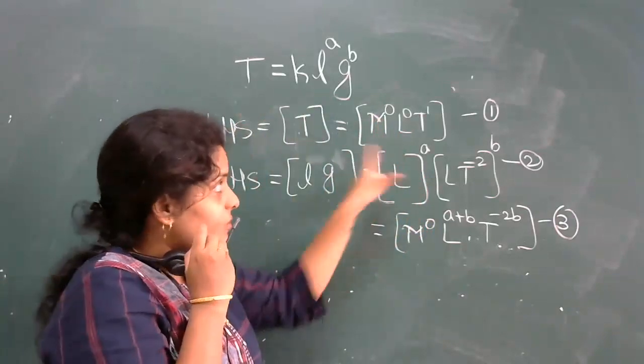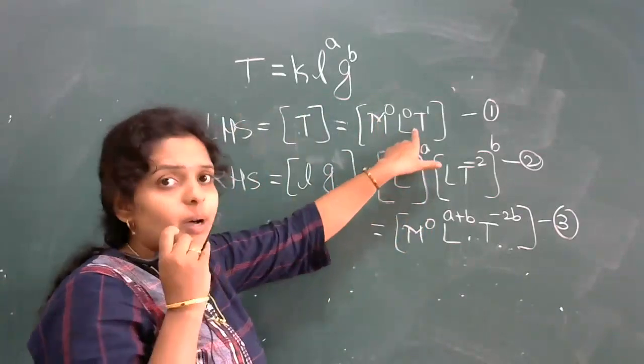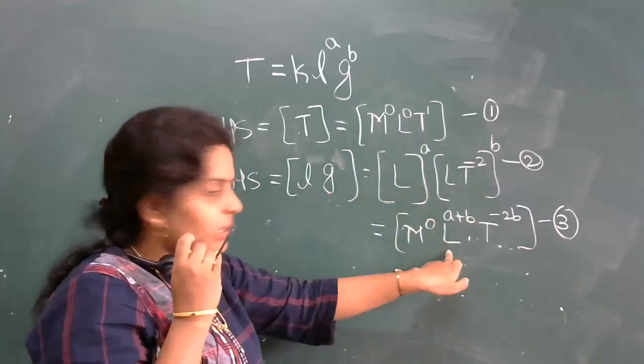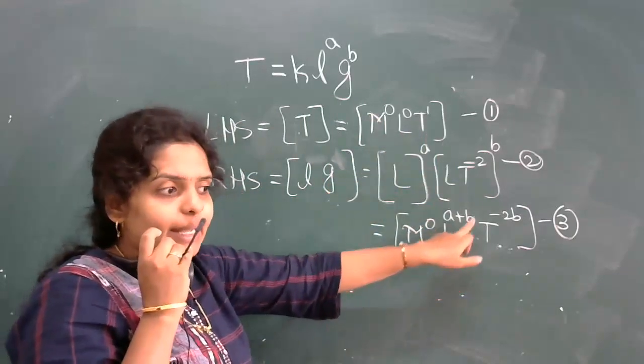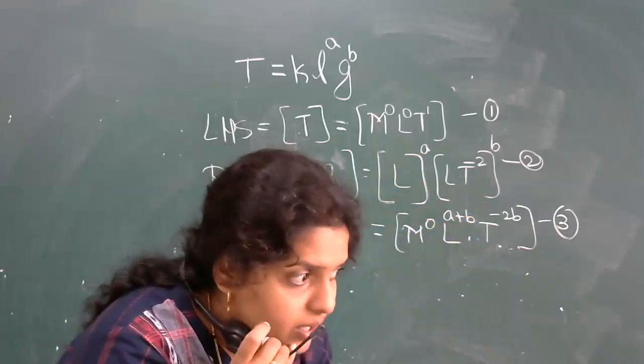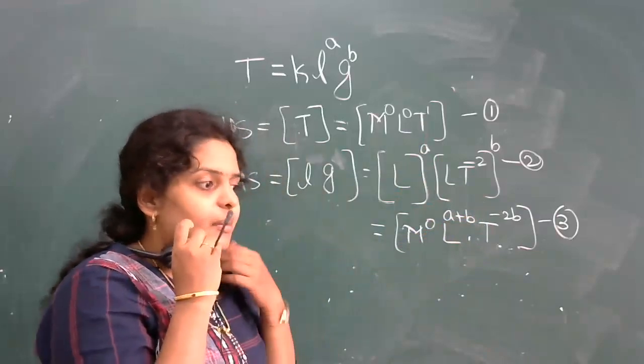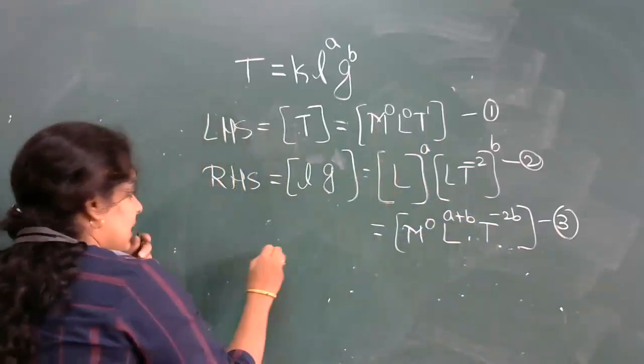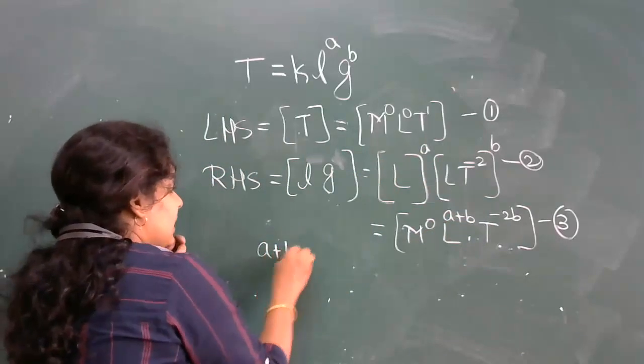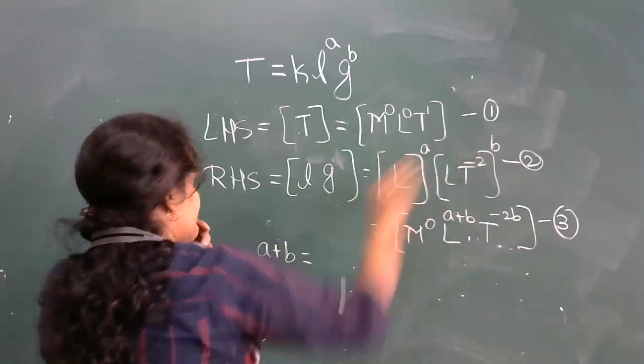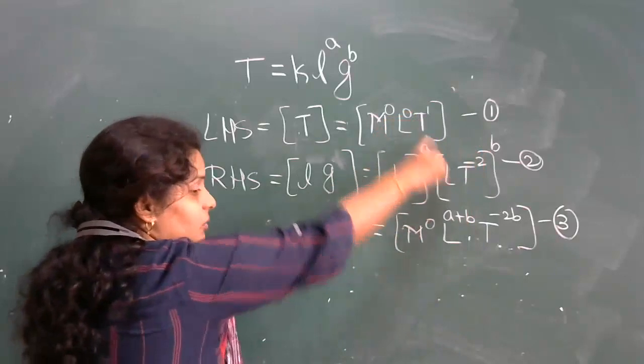But now you see, here we have L to the power 0. In equation 3, it is L to the power a plus b. So I'll write a plus b is equal to, equating equation 1 and 3, okay?